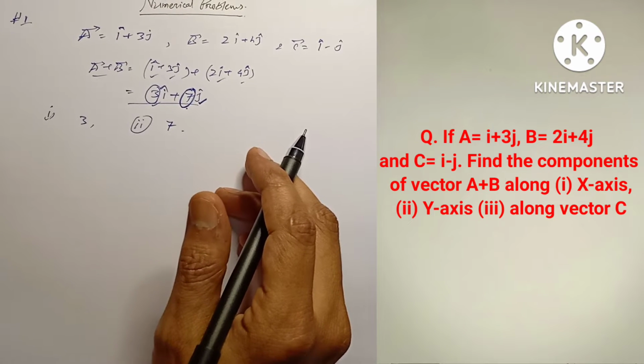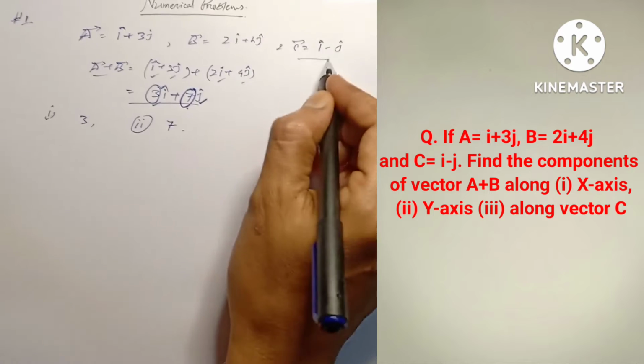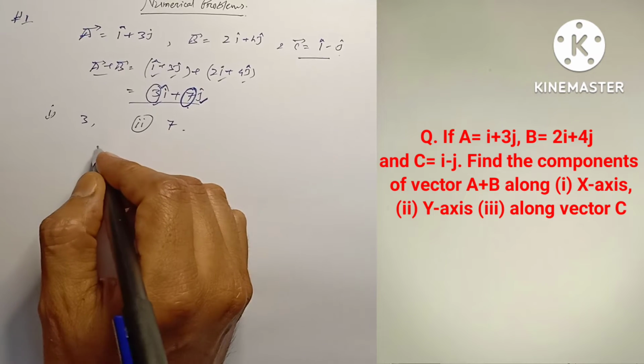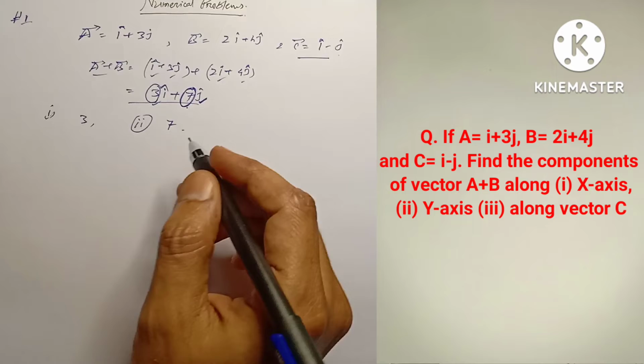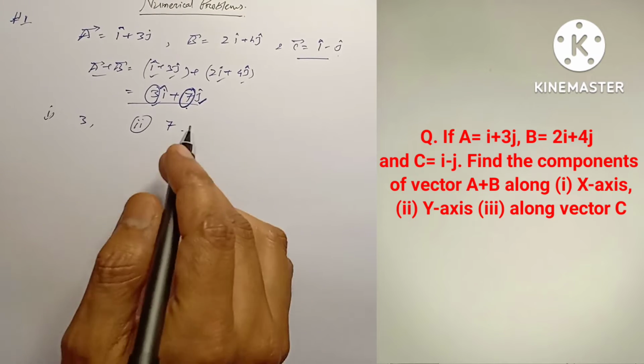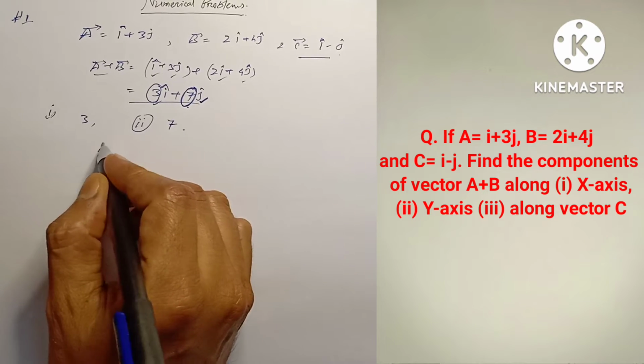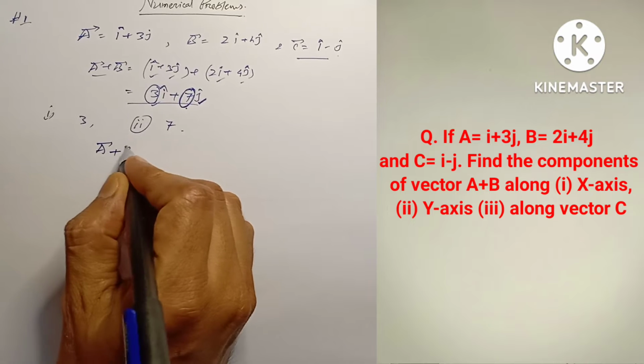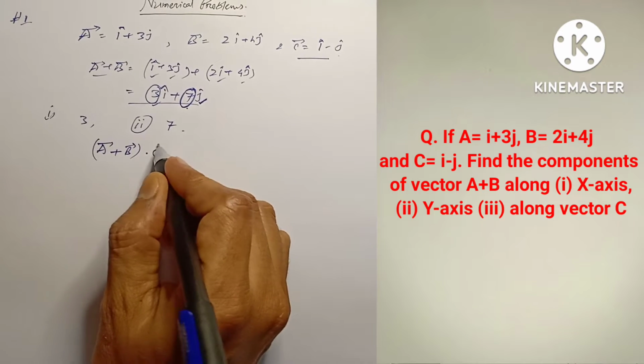And also along C vector. So along C, as we have already discussed, to find the component along C we take the dot product with C cap. So it will be A vector plus B vector dot C cap.